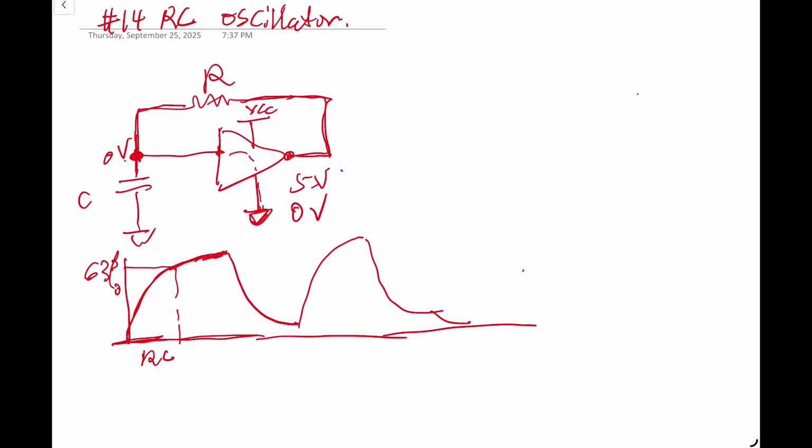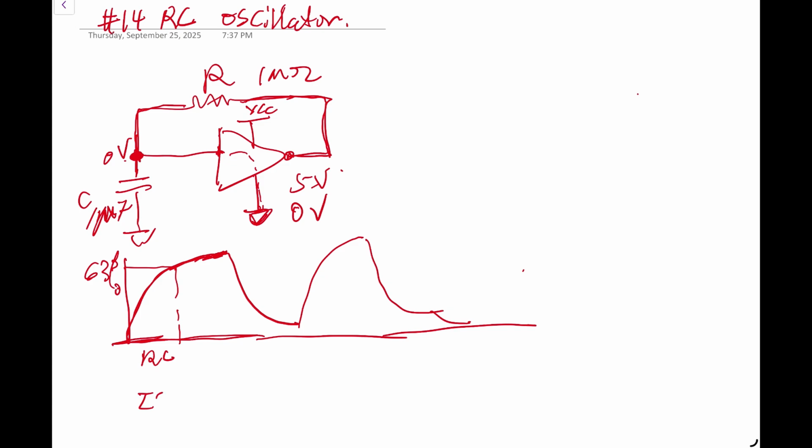Okay, straightforward enough, and let's put some values in to see. If C is 1 microfarad, R is 1 megohm, just some very easy-to-calculate values.